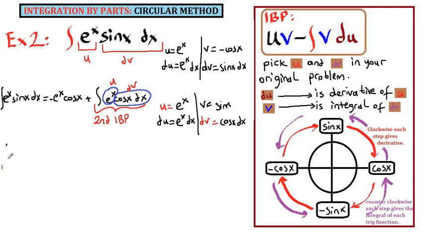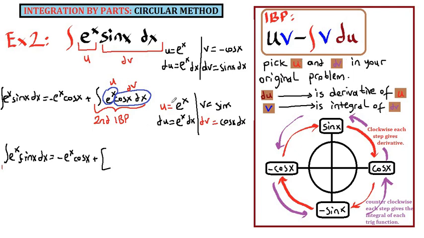Our original integral, the integral of e to the x sine x dx, turns into negative e to the x cosine x plus, instead of this integral, we need to apply again u times v minus the integral of v du.